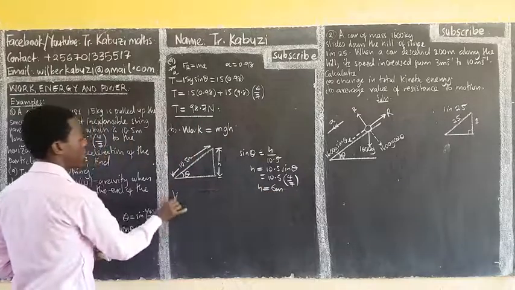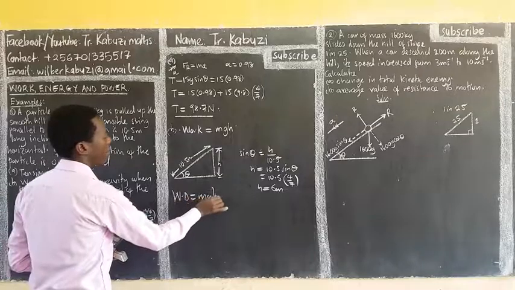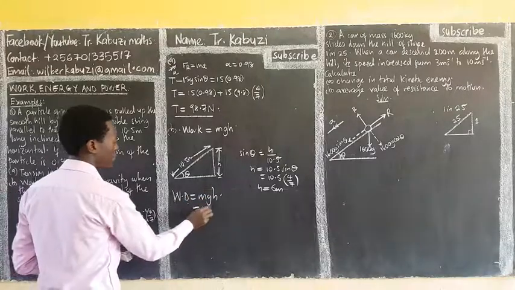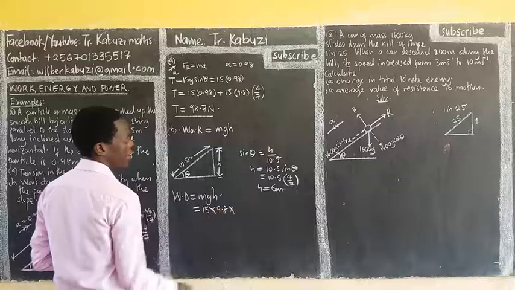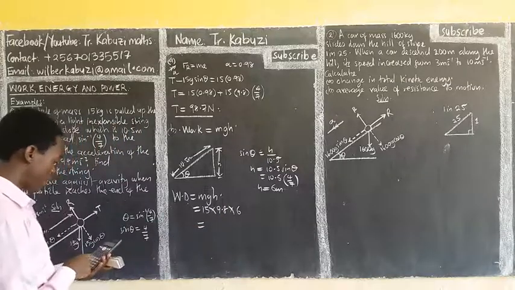So my work that I'm going to subtract is going to be the mass of the particle, which was 15, times gravity, then times our height, which is that.